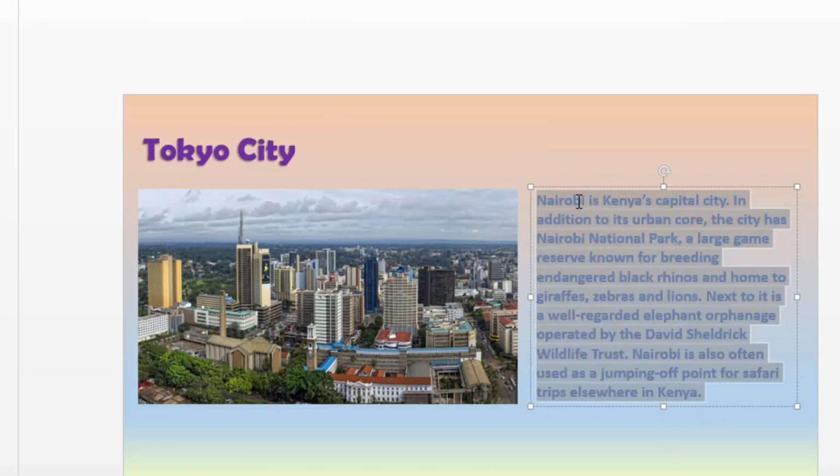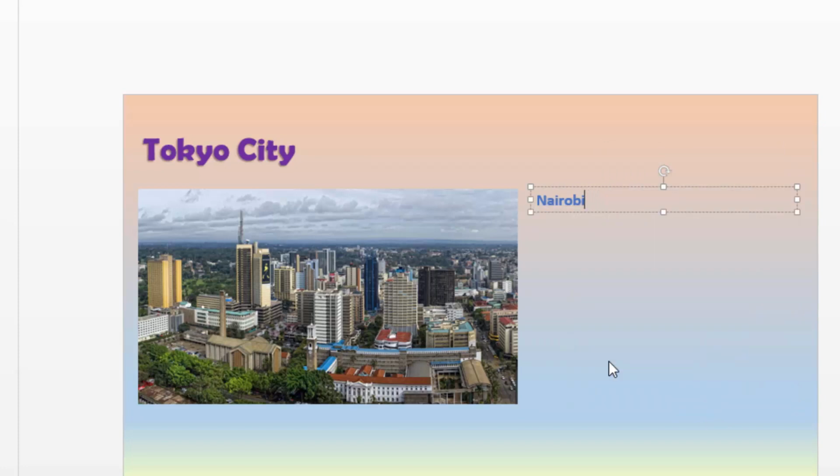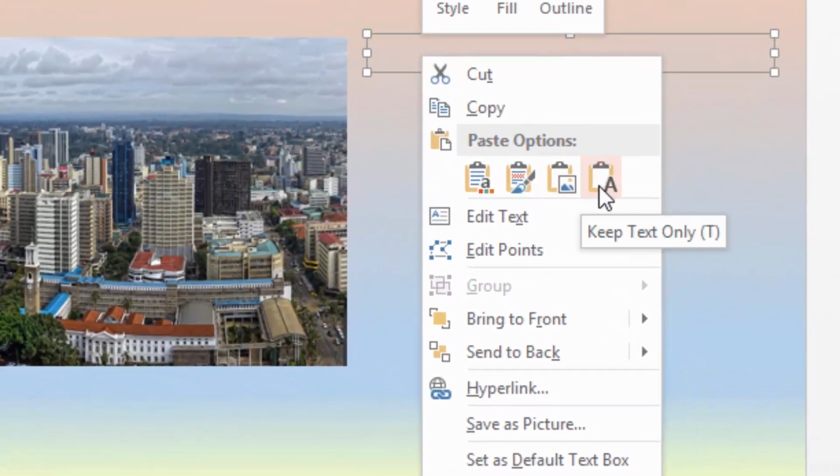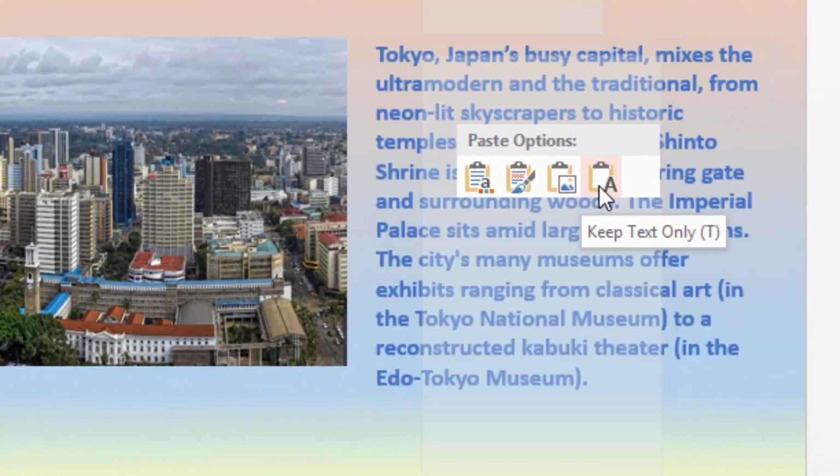Now here, I don't want to lose this design. So I will just come to this text box, right click it. Then choose here, keep text only. When you are pasting and you choose keep text only, it will maintain the style which is in that text box.